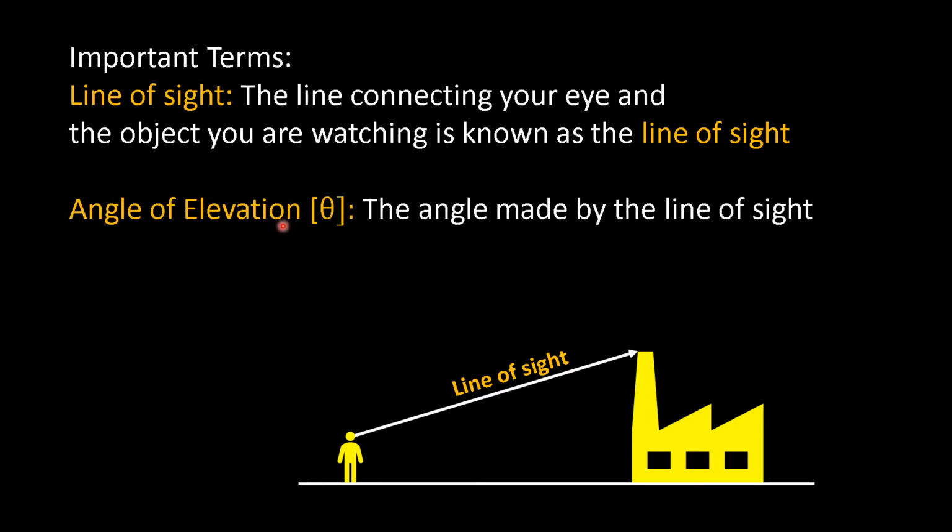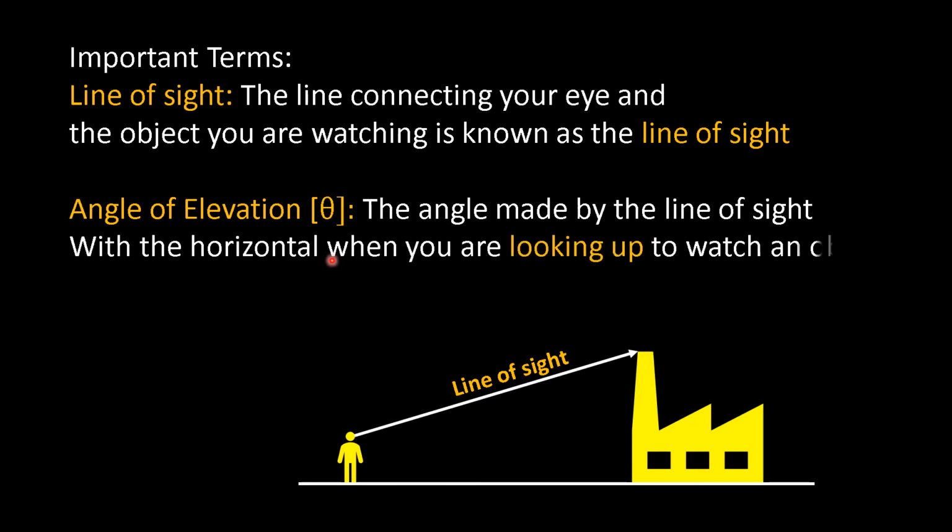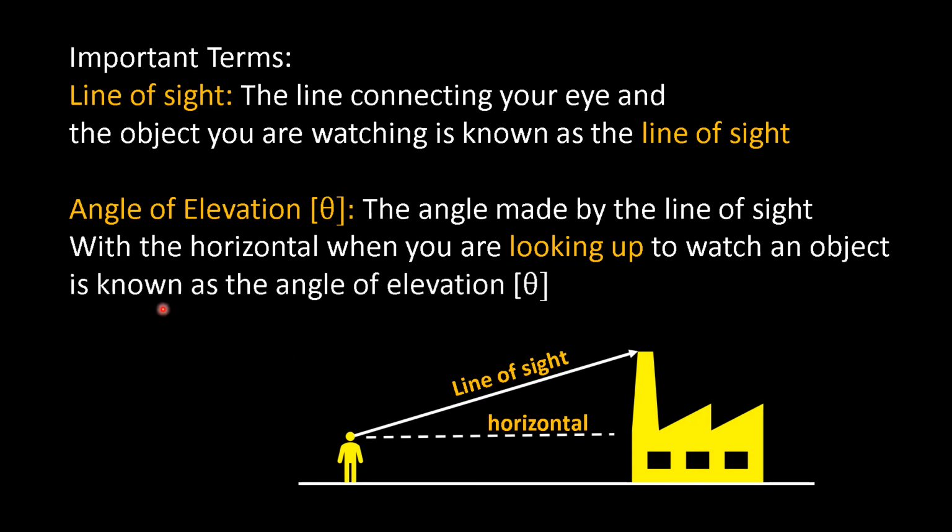Next, angle of elevation theta, the angle made by the line of sight with the horizontal when you are looking up to watch an object is known as the angle of elevation theta. So this is the angle of elevation theta.